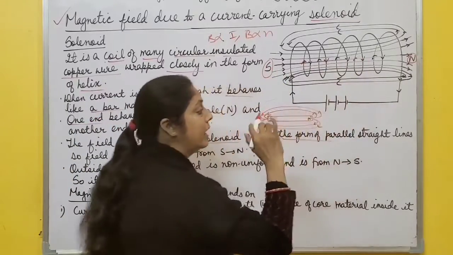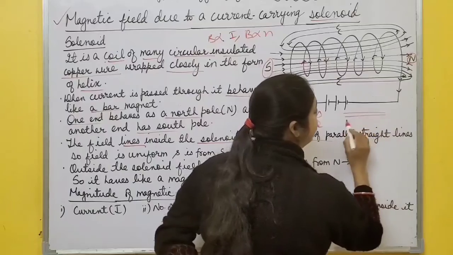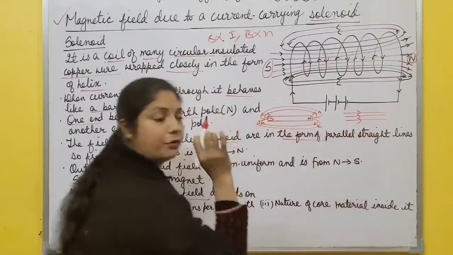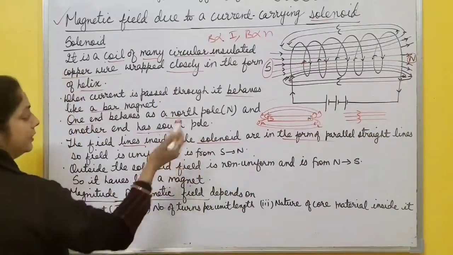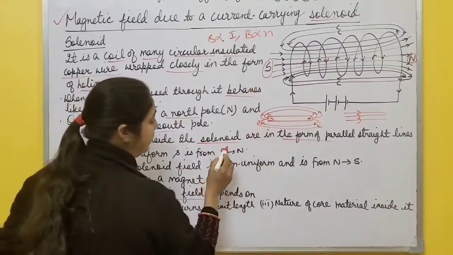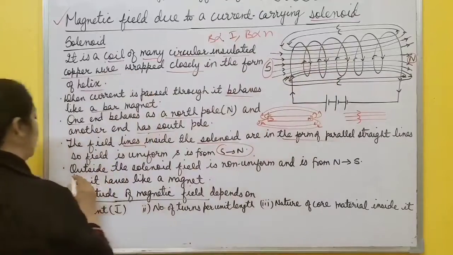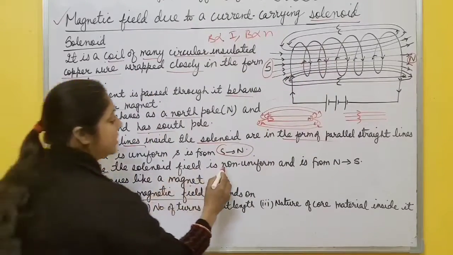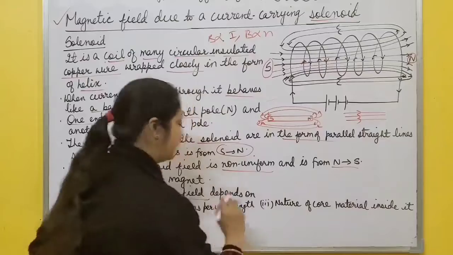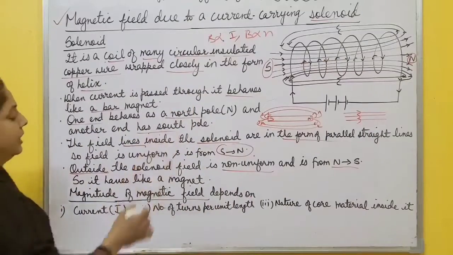If there are parallel straight lines, it means this represents a uniform magnetic field inside the solenoid. Direction of magnetic field inside the solenoid is from south to north. Outside the solenoid, the field is non-uniform. It is from north to south pole, so that it behaves like a bar magnet.